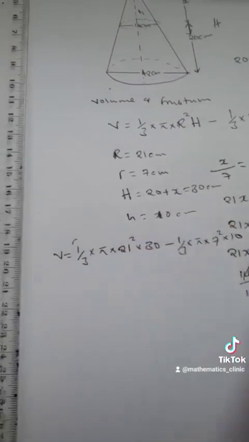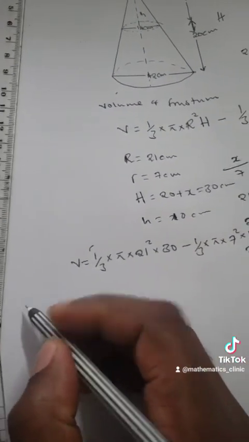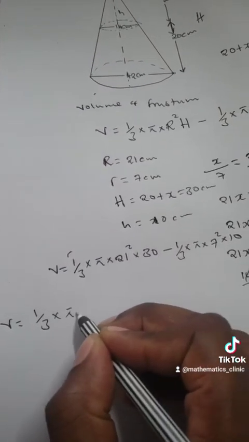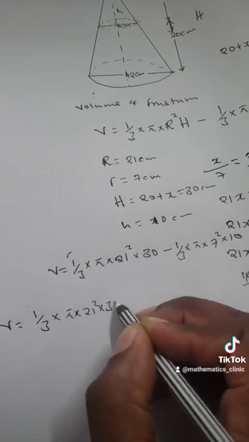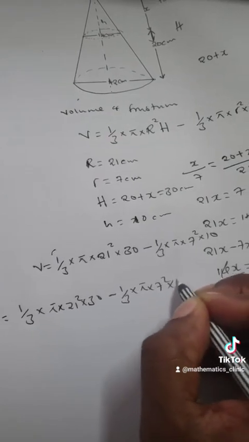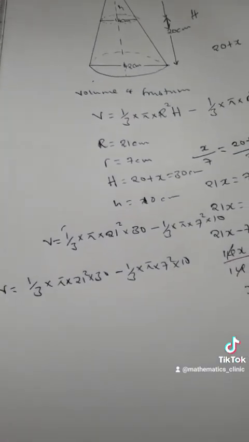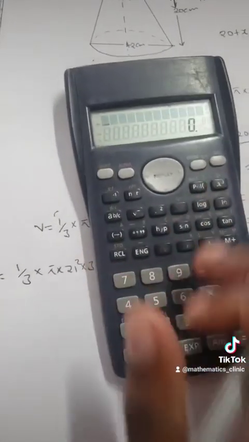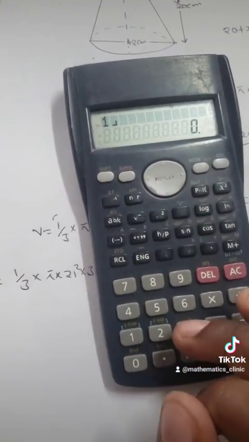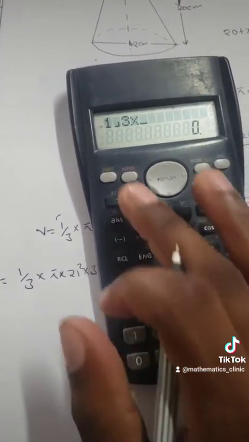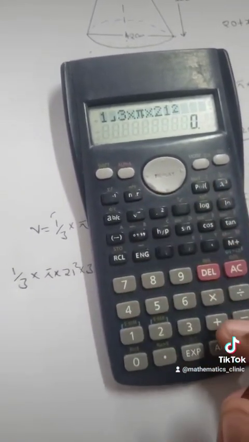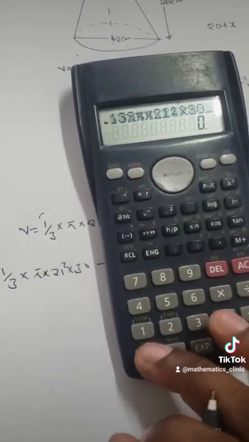So now let me write this. My V is equal to 1 over 3 times pi times 21 squared times 30, minus 1/3 times pi times 7 squared times 10. And we can just punch the whole thing on our calculator. So you're going to have 1 over 3 times pi, which is shift there, pi, times 21 squared times 30.